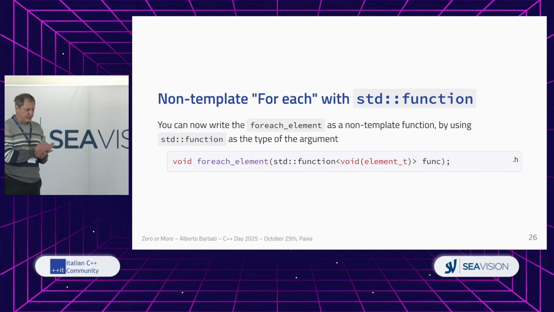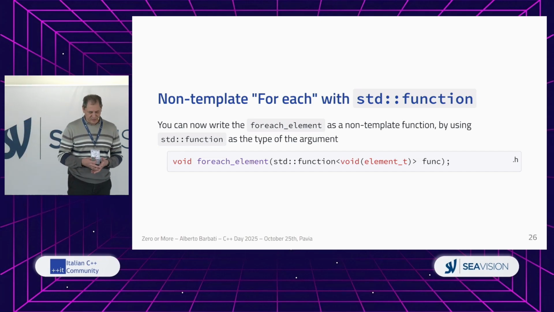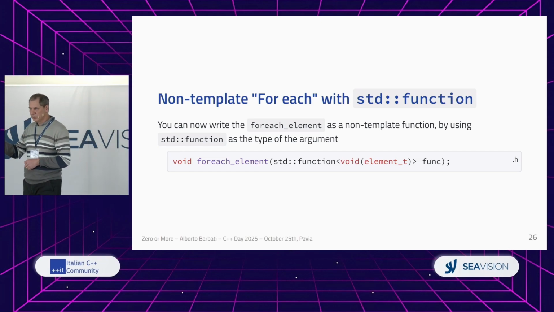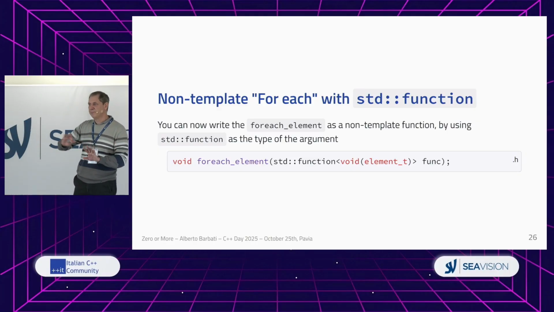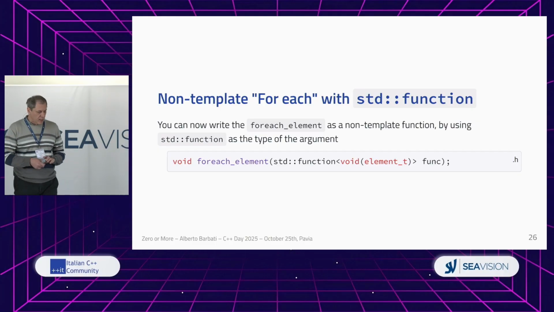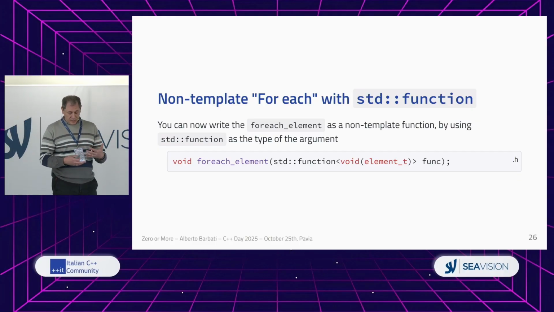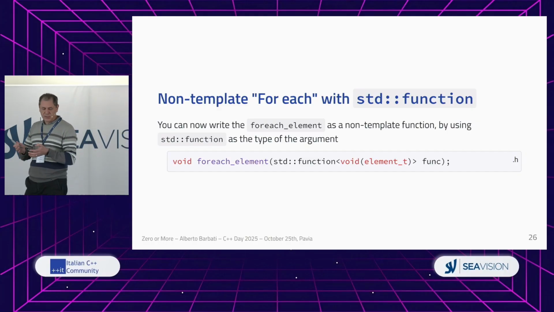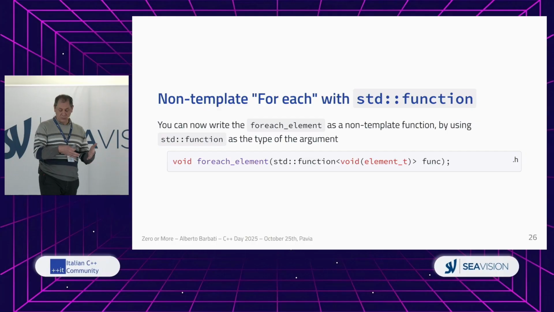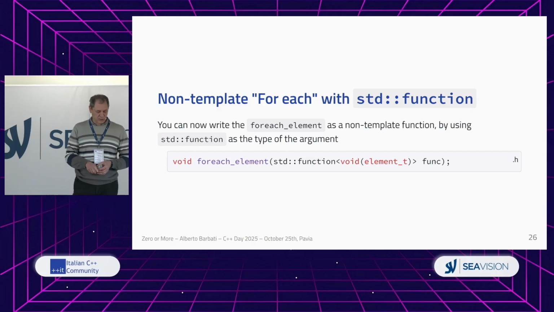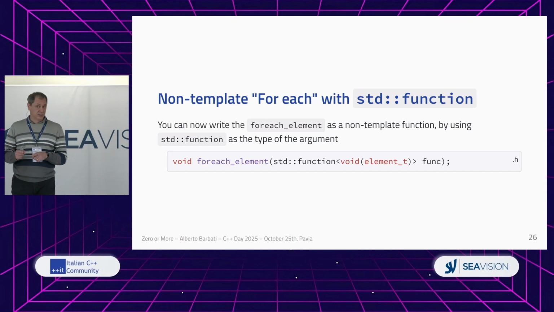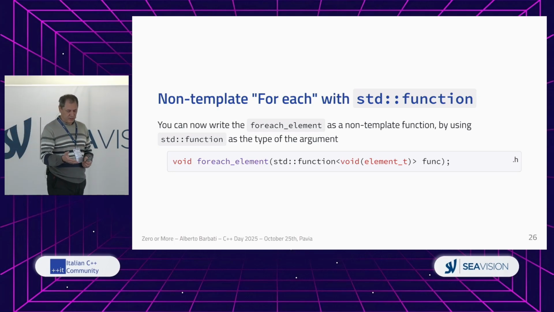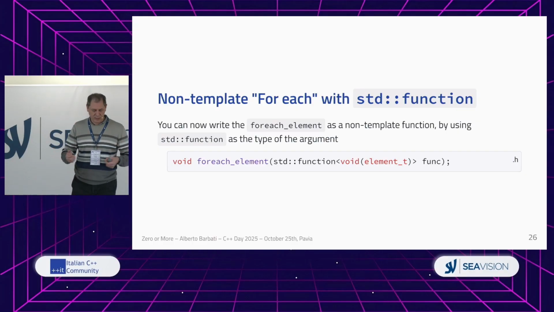Instead of passing the argument as a template argument, you can use the std function, and now this is a regular function, so it can be put into a .h file and implemented into the CPU file. std function takes the signature of the function and wraps whatever function object you want as its argument, including state. So not only you can pass function pointers, but also object with state.